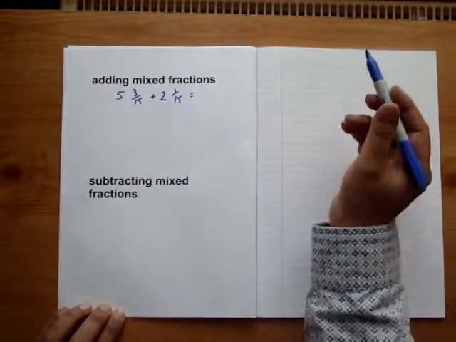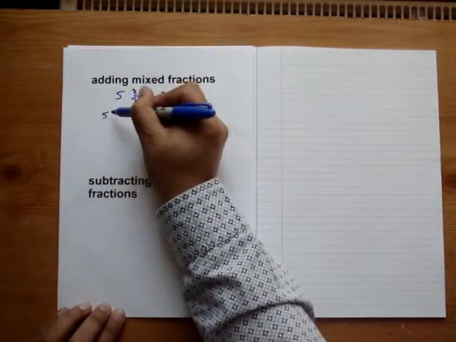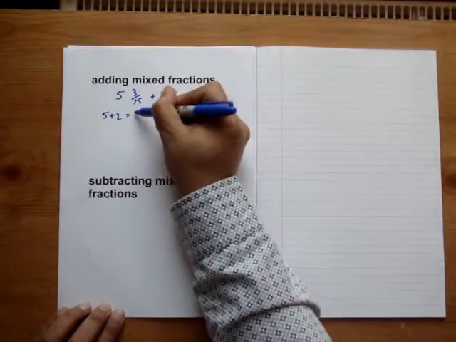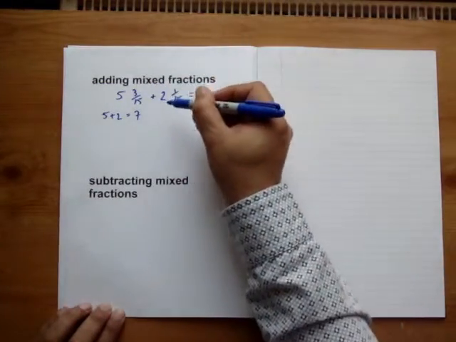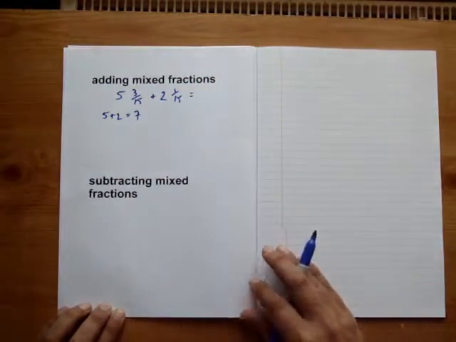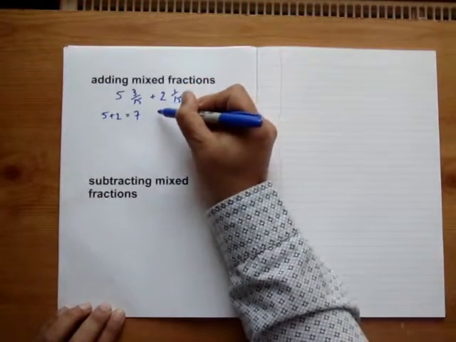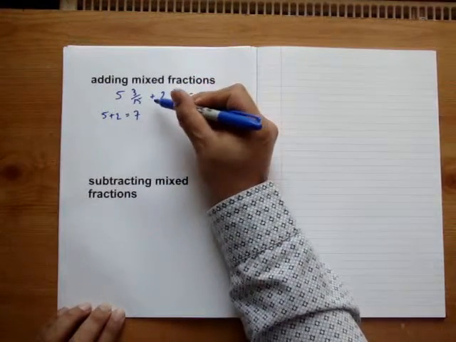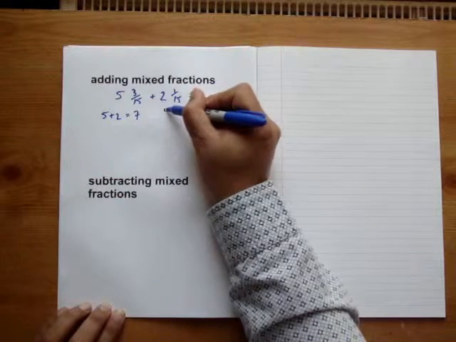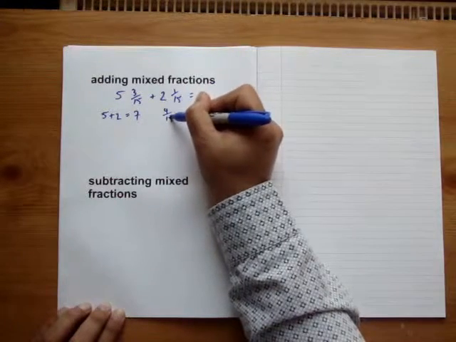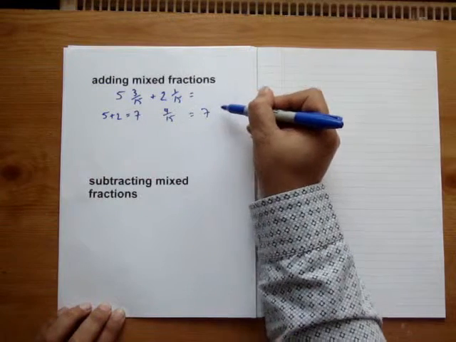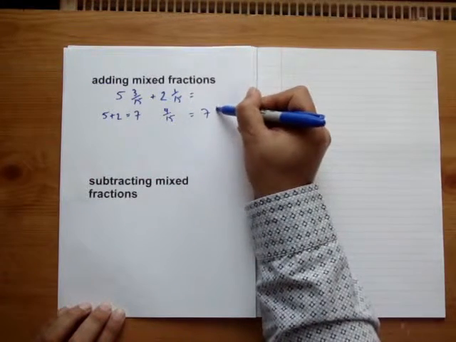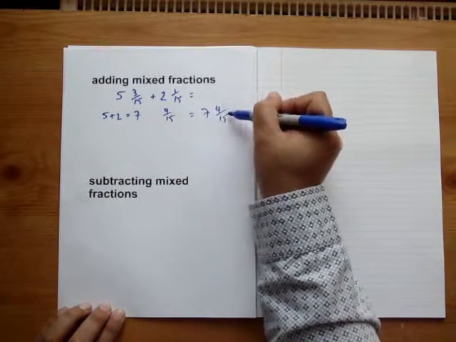First of all we add the whole numbers, so that's 5 add 2 equals 7. Then we add the two fractions. The denominators are the same, so we can add them directly. So that becomes 3/15 and 1/15 is 4/15. And then we combine the two, and that equals 7 and 4/15.